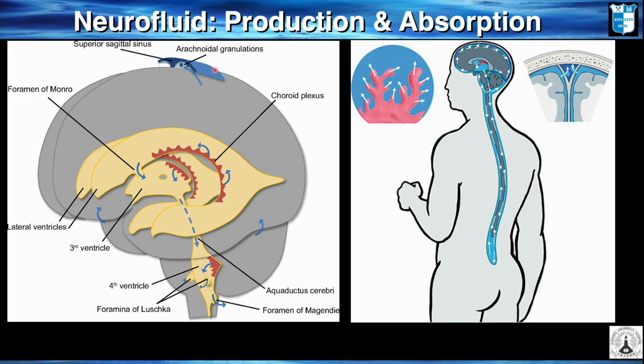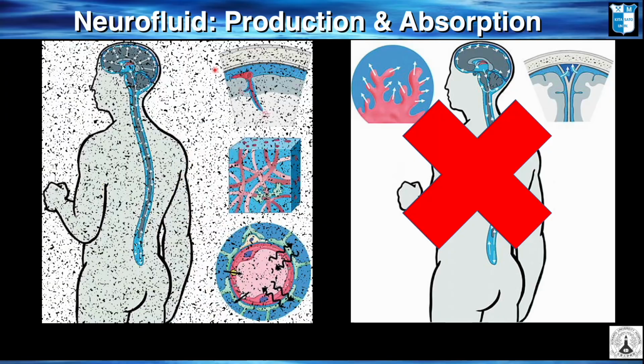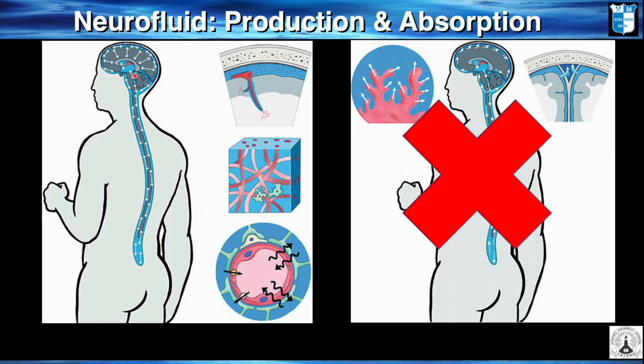However, this theory is now not regarded as the true neural fluid dynamics. Instead, neural fluid is now regarded as being produced and absorbed locally, and it can move, but it doesn't flow.